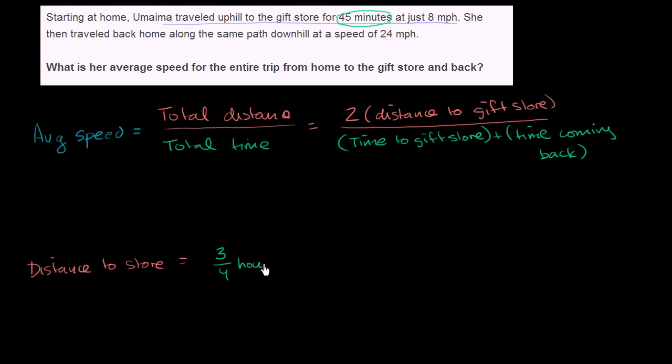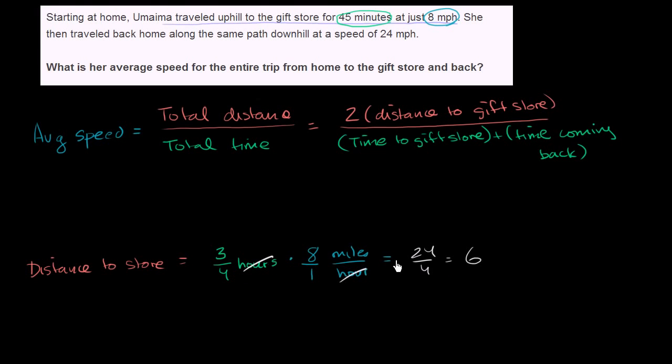3/4 hours is the time, times an average speed of 8 miles per hour. So what is the distance to the store? Well, 3/4 times 8 is going to be 24 over 4, which is equal to 6.